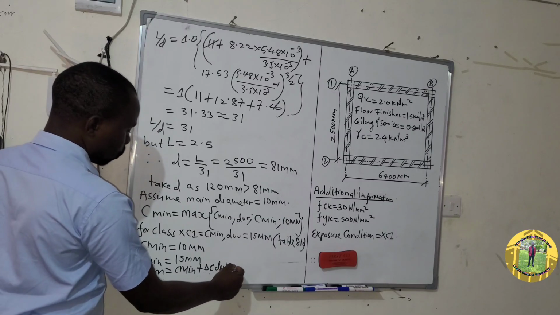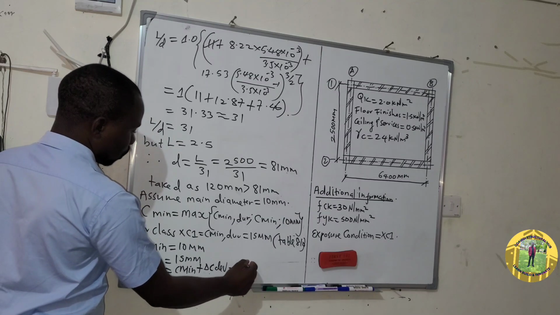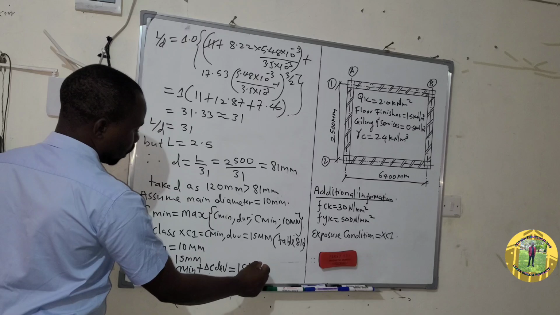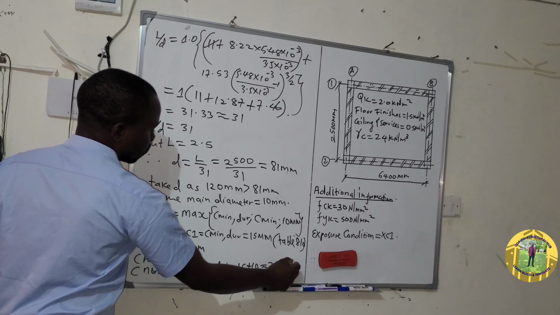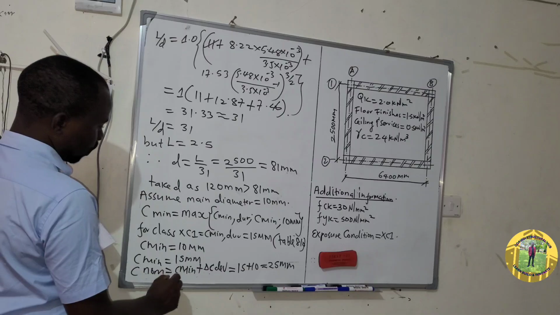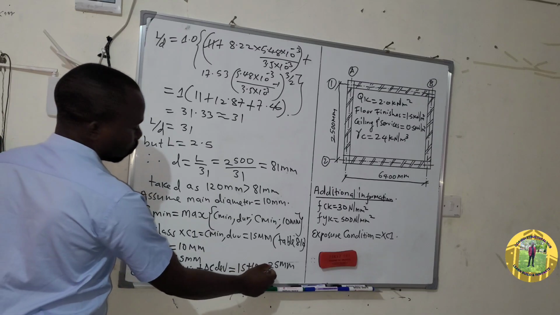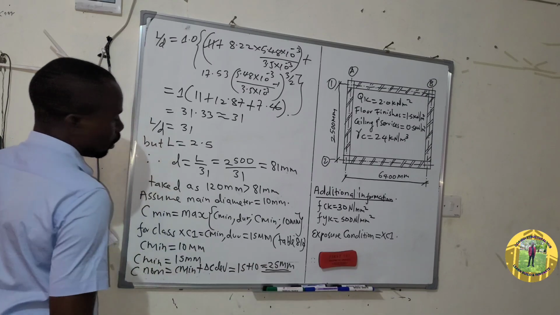So this one is equal to 15 plus 10 millimeters, which is equal to 25 millimeters. So nominal cover is equal to 25 millimeters.